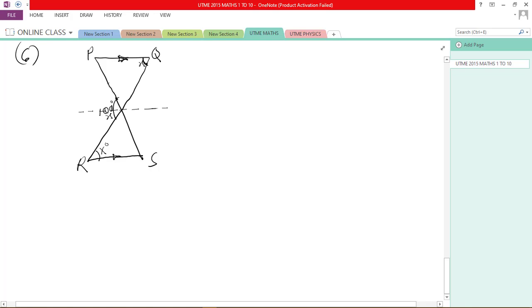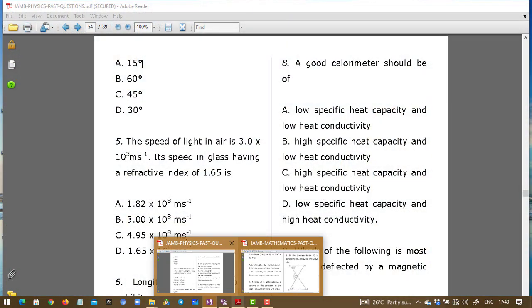Here is X in this case, but we don't know this place. You know quite alright that here is alternate angle to this place. They give us 60 there.